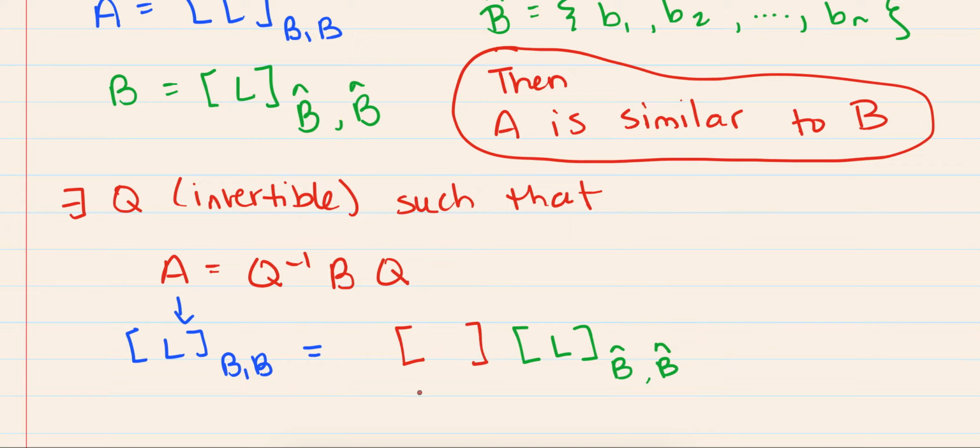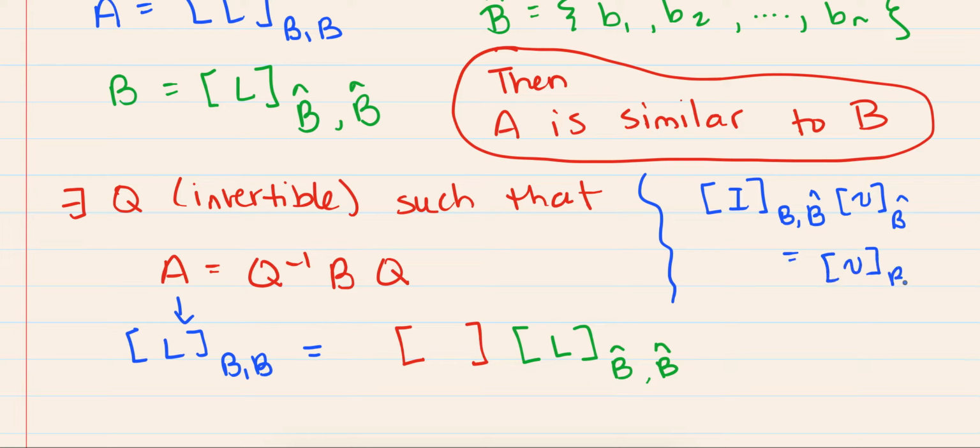Q, well, remember how we set this up? We take this into this one, and when we did things with change of basis matrices, like if we had I B hat times some vector in B hat, we got the vector in terms of this basis, remember? Because we said that we would cross these out and we would be left with this. We're going to have something just like that.